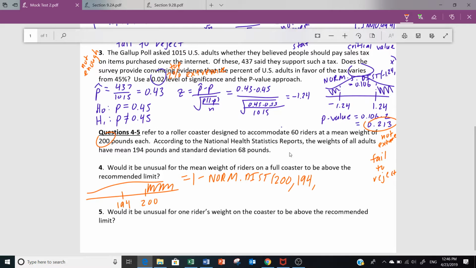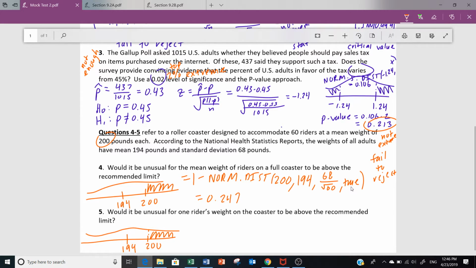Now the standard deviation is 68, but you have to do the standard deviation for the mean, so 68 divided by the square root of 60, the sample size. When you do that, it's 0.247.